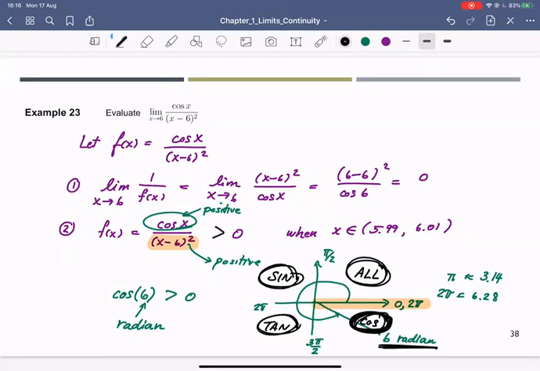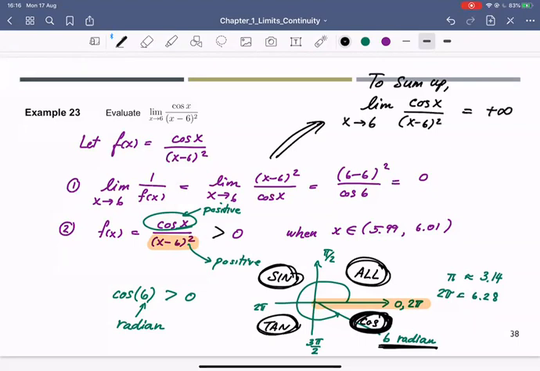So this thing is positive, and your conclusion is, to sum up, the limit of cosine x over (x minus 6) squared, where x goes to 6, is plus infinity.